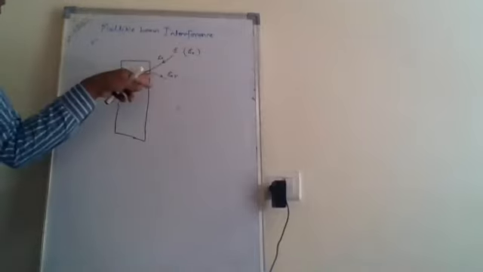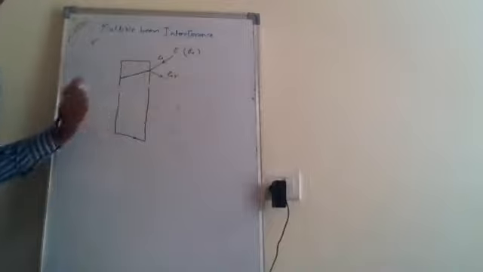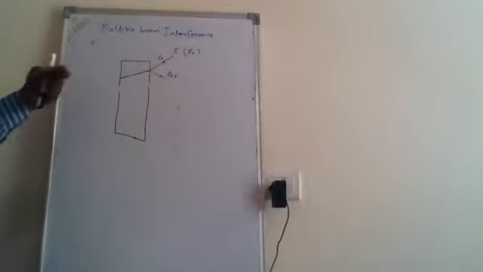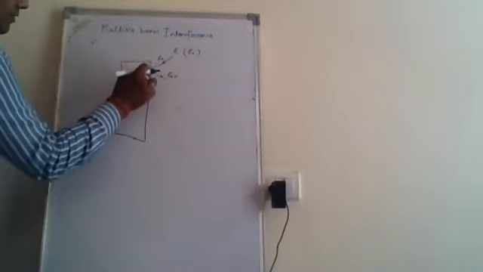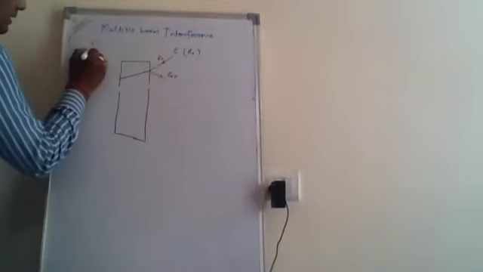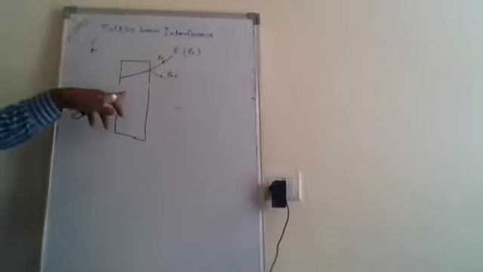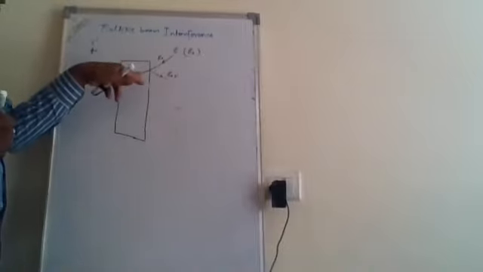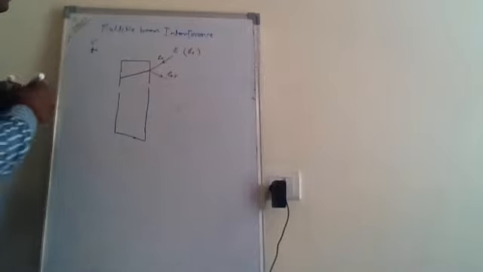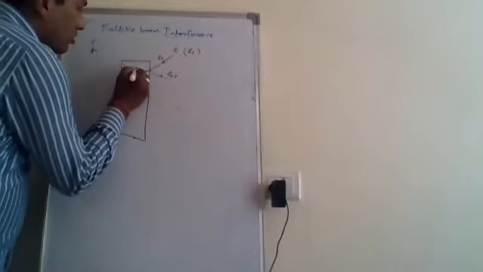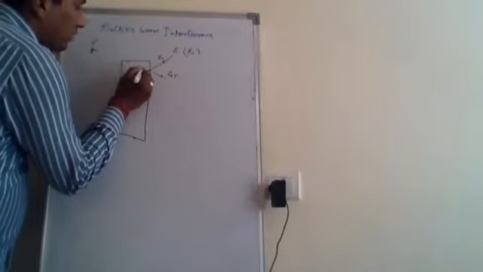So we also have to describe the transmission coefficient. The transmission coefficient at this surface, inside this film, is T. So the amplitude of this transmitted light is given by E naught into T.